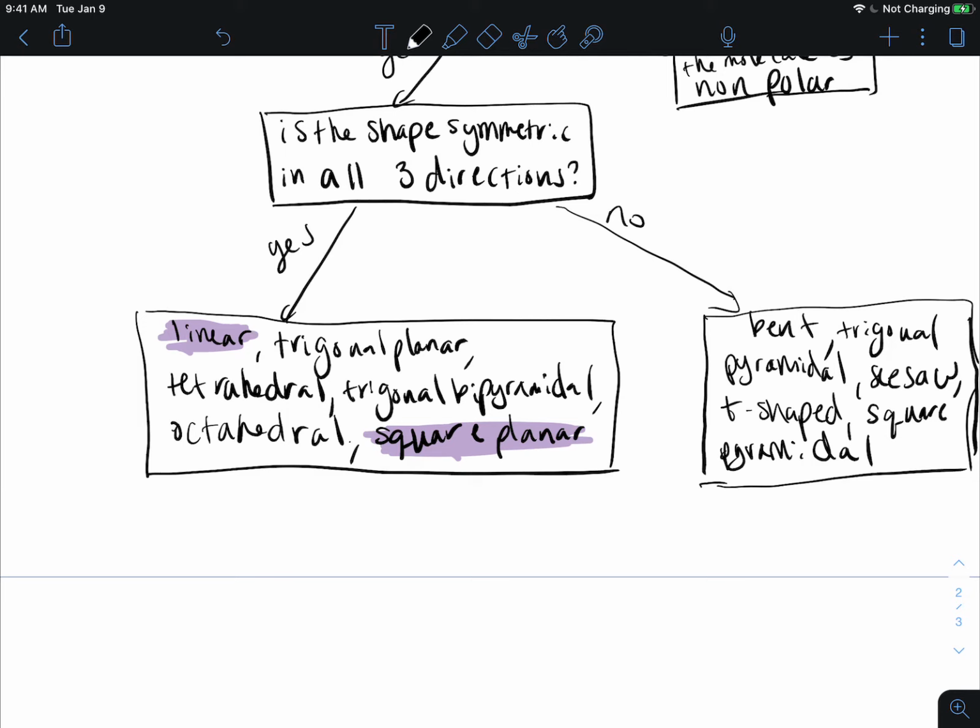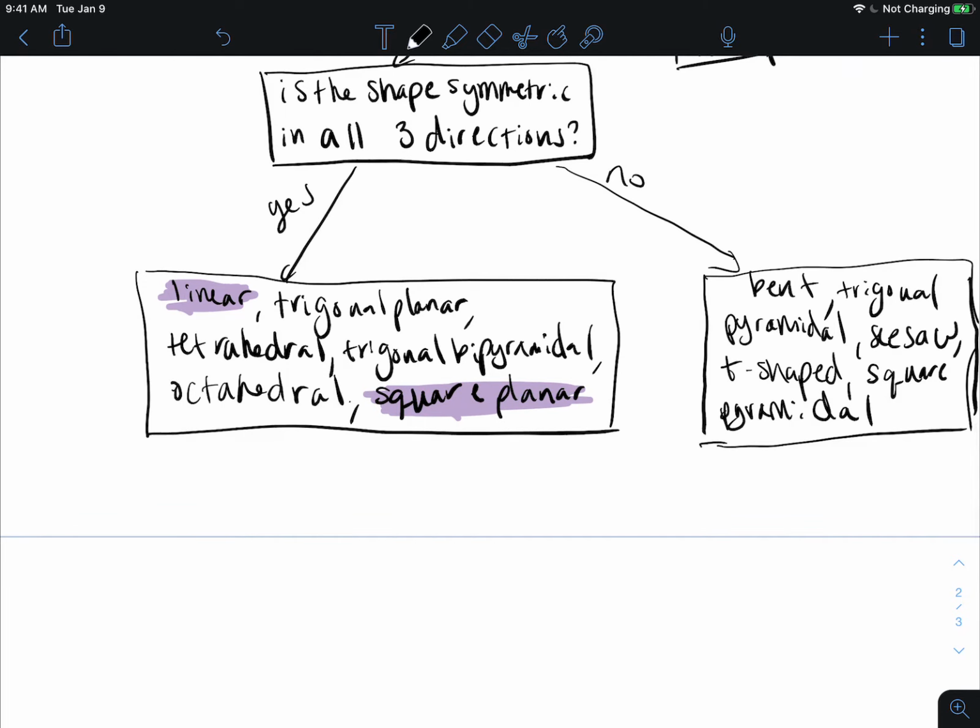Okay, so if we are symmetric in all three directions, we have to think further. But if we are not, then it is polar. If we are asymmetric, then we have a polar molecule. If we have a symmetric molecular geometry, then we have to determine if we have actual symmetry within our molecule.